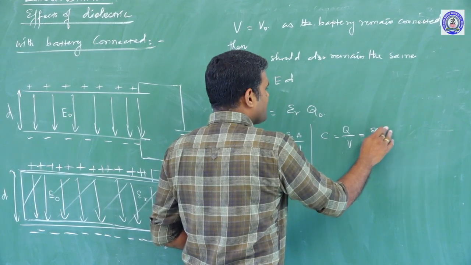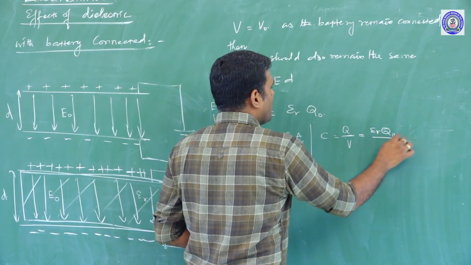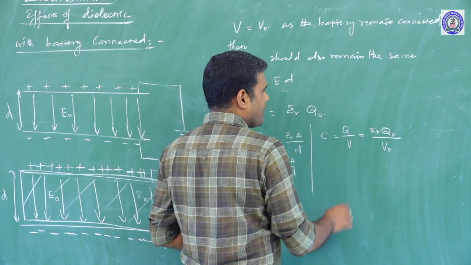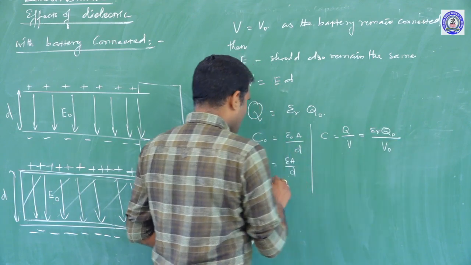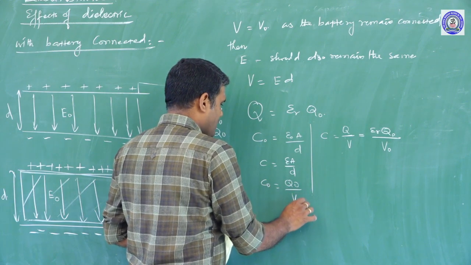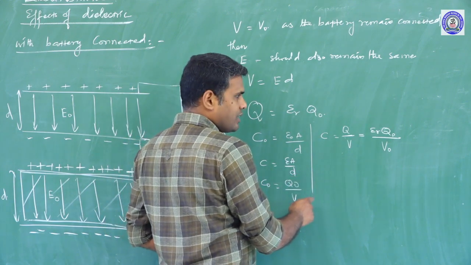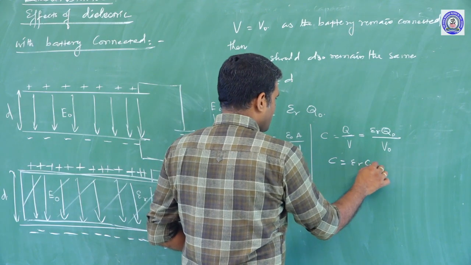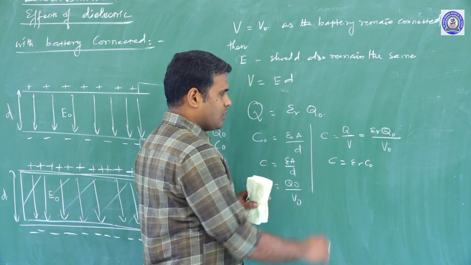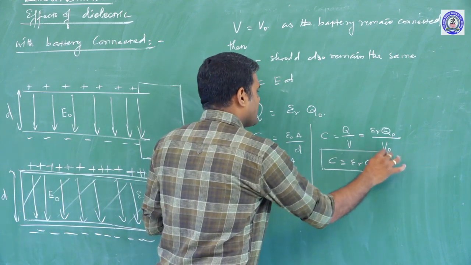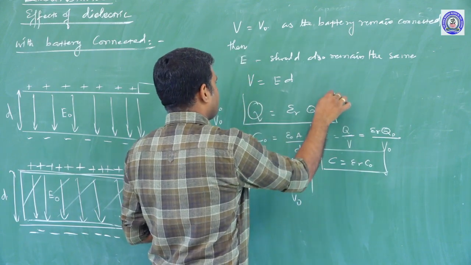It has increased to epsilon r times Q naught. What is the value of potential? V equals V naught. I can write C naught is equal to Q naught divided by V naught. As C naught equals Q naught divided by V naught, I can write C equals epsilon r times C naught. So the capacitance of the capacitor increases by epsilon r times.